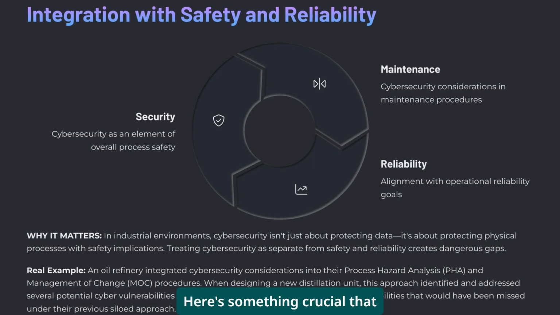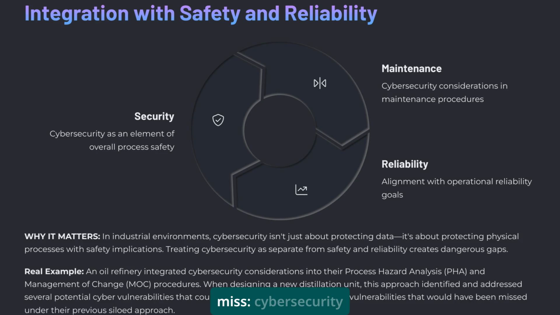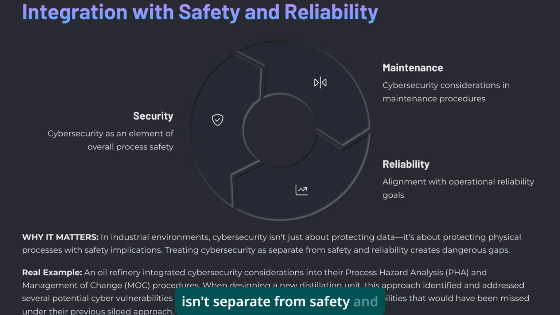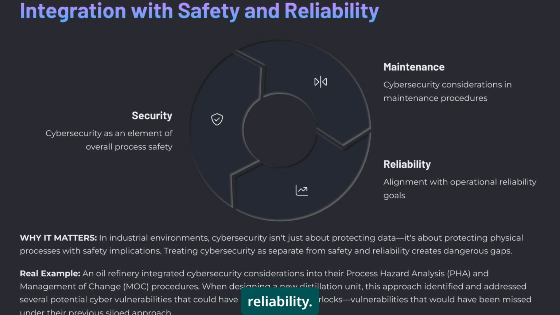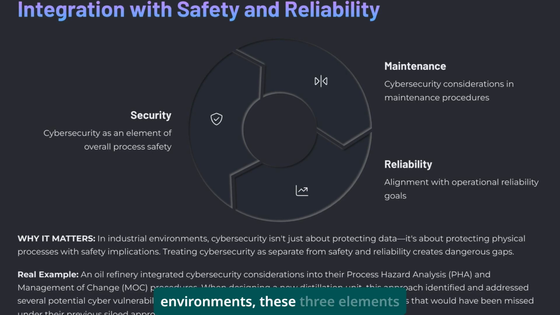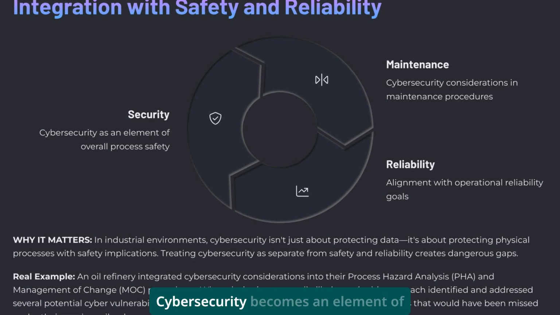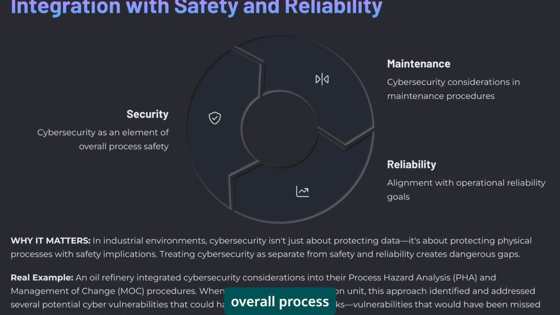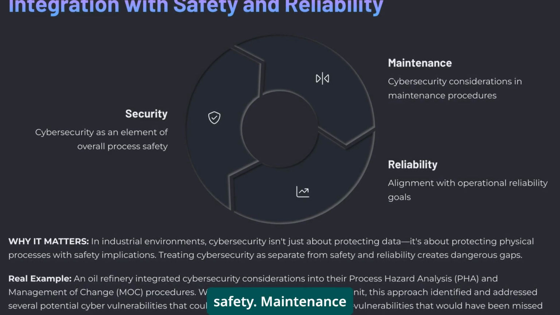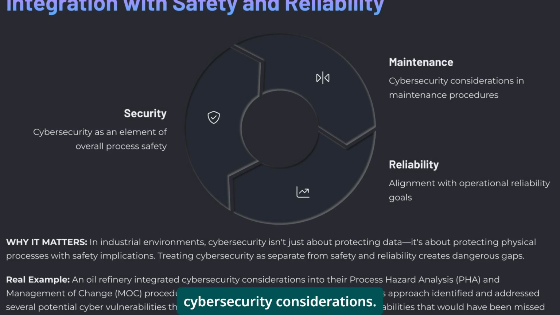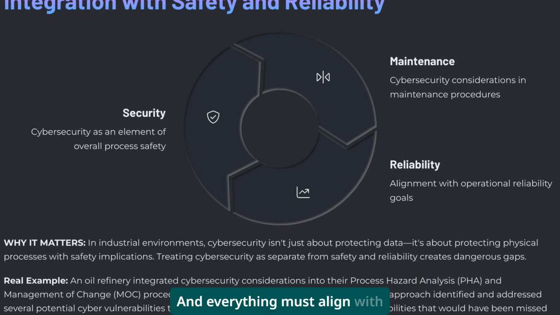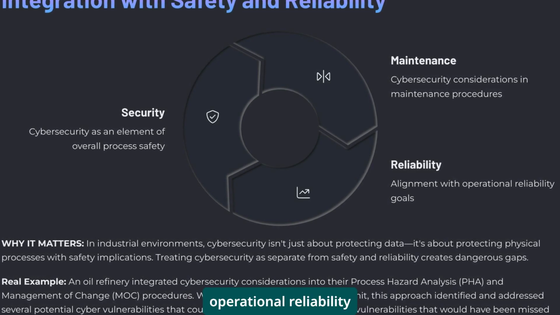Here's something crucial that many people miss. Cybersecurity isn't separate from safety and reliability. In industrial environments, these 3 elements are interconnected. Cybersecurity becomes an element of overall process safety. Maintenance procedures need cybersecurity considerations, and everything must align with operational reliability goals.